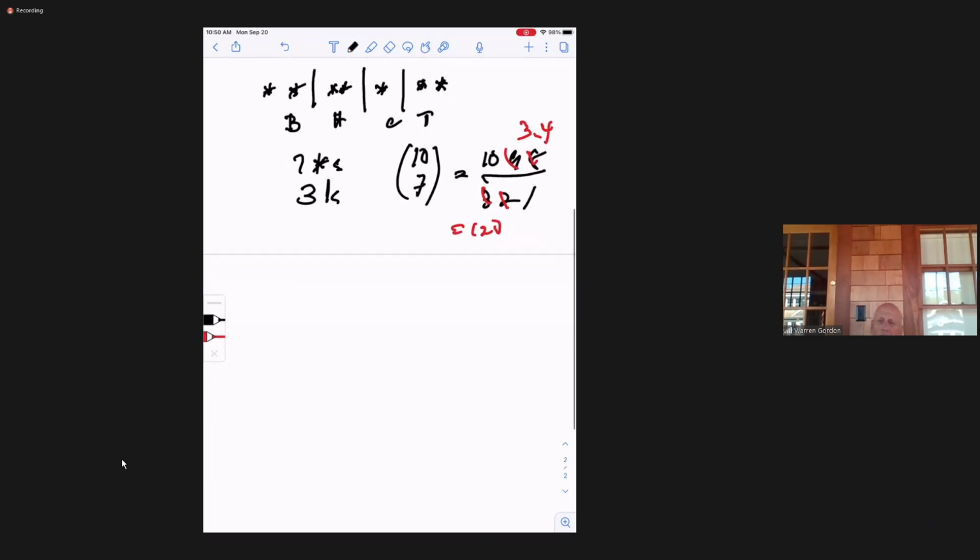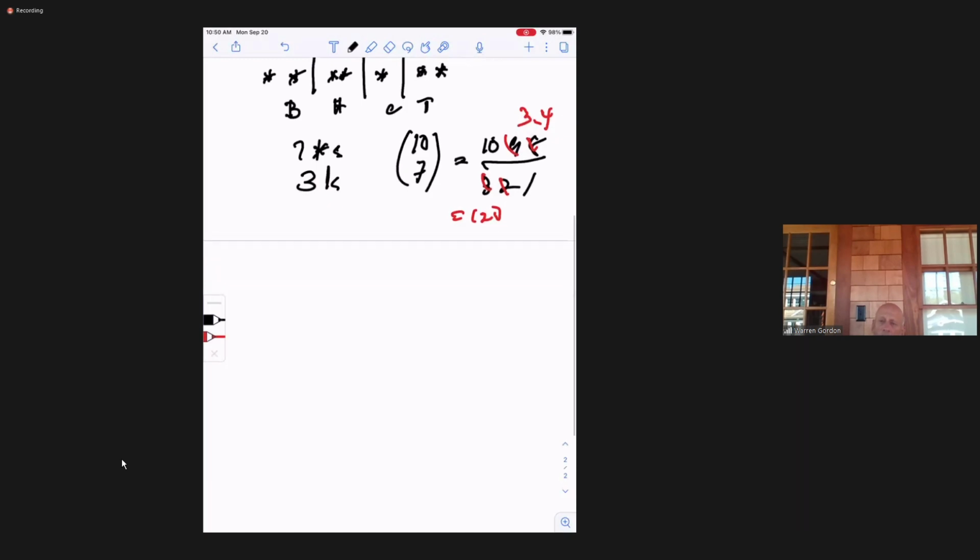One more example to illustrate stars and bars to review the idea for you. Suppose I want 5 numbers whose sum is 40.